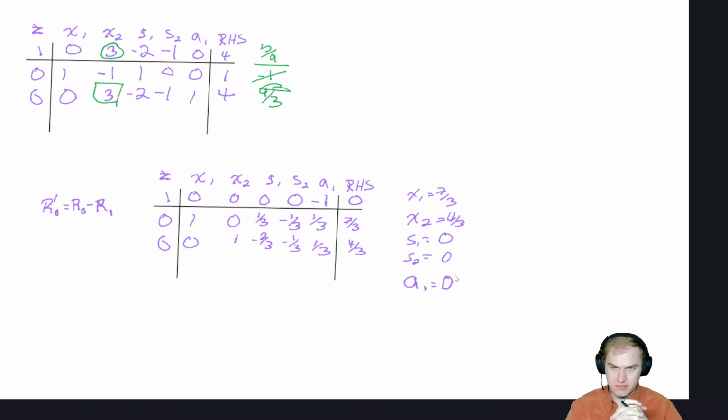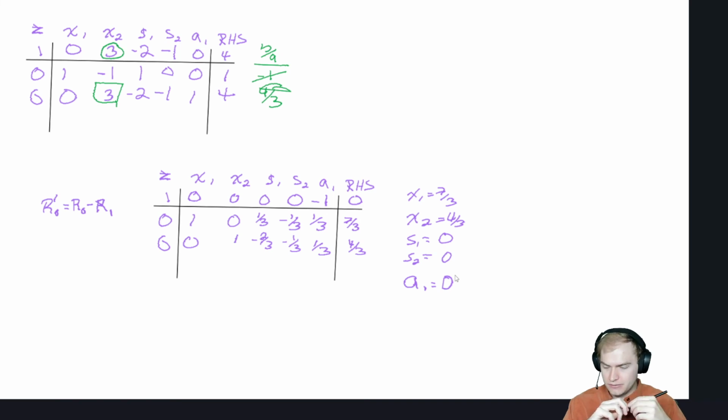We got the same thing, slightly different process, a little less cumbersome, a little more robust. But now, remember at the end of the big M method, all we had to do was erase our M's and our A column, and we were ready for the next stage.